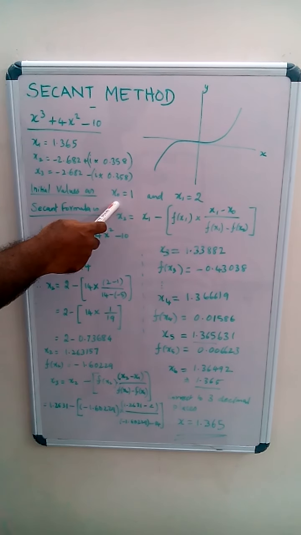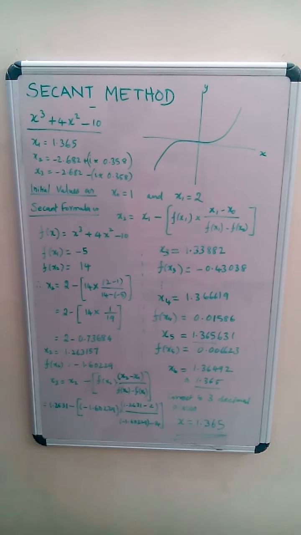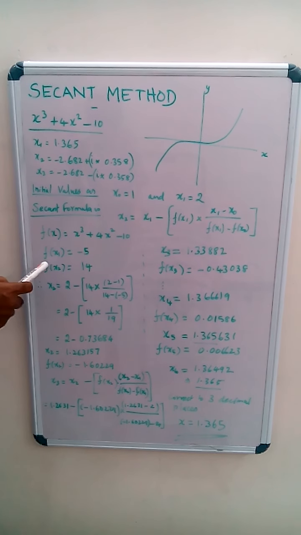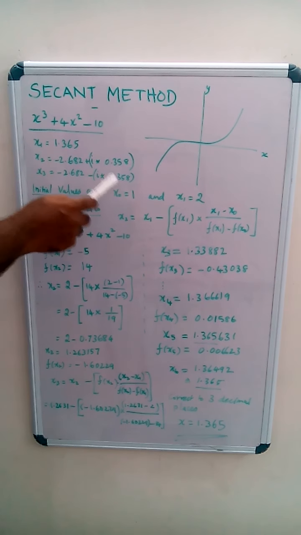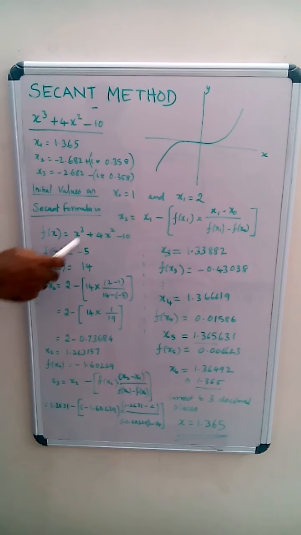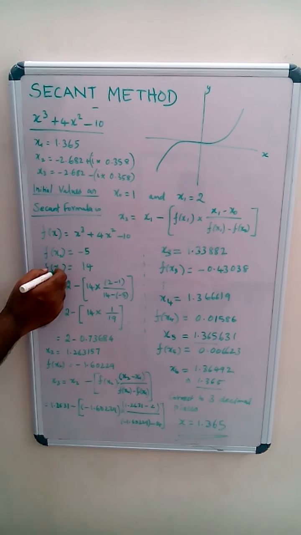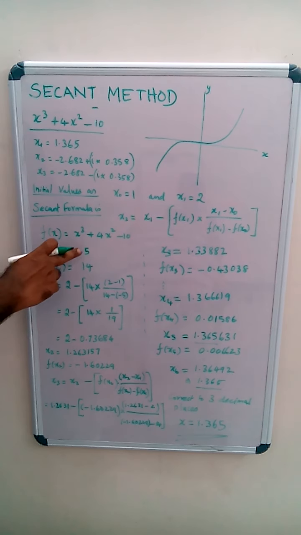So we know the initial values x0 and x1, and the function f of x is x cube plus 4x square minus 10, and we can substitute the initial values to find the value of the function at the initial values, that is f of x0. If we substitute x0 as 1, we get minus 5, and by substituting x as 2 in this function, we get f of x1 is equal to 14.